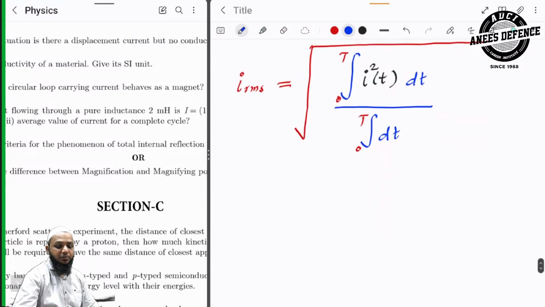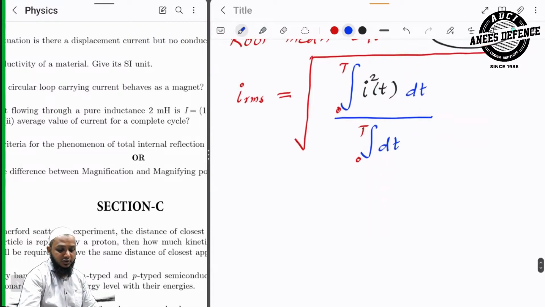Now the mathematics is very simple. For the sake of simplicity, I am taking this square root to the LHS. So what will I get? I RMS square is equal to, now see, this square root will vanish and this denominator would be capital T, right?